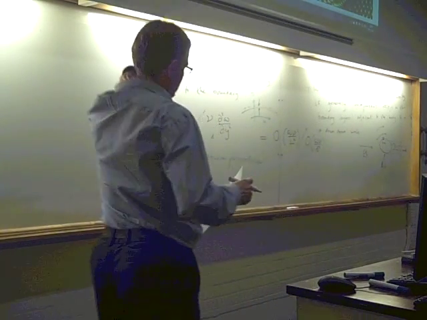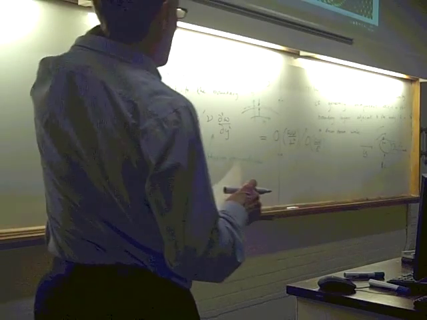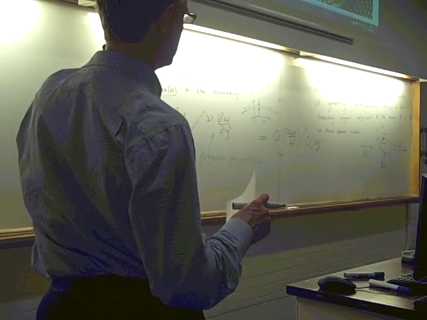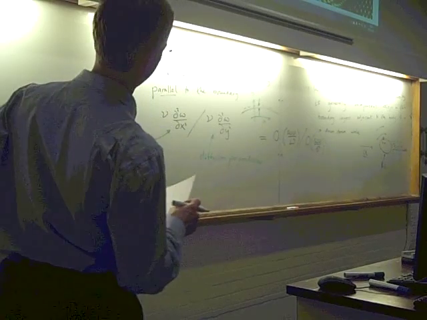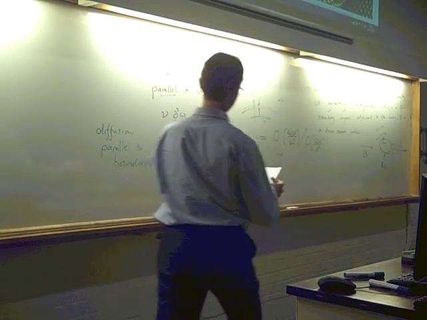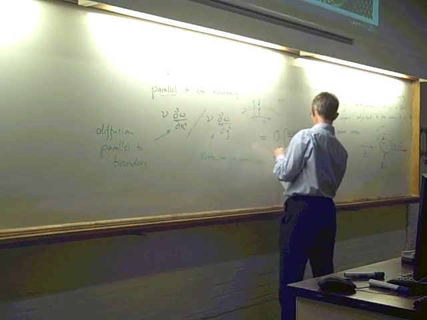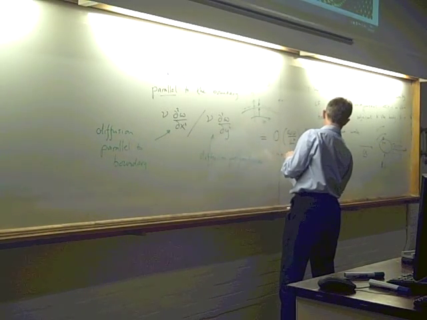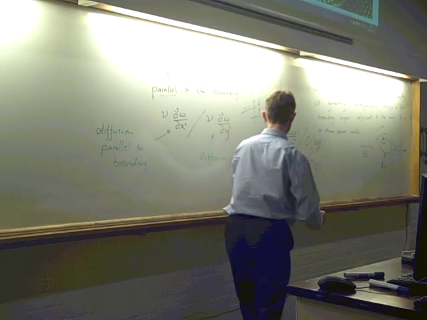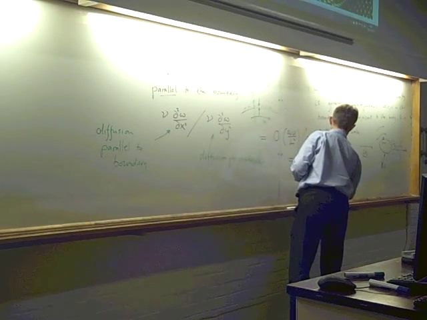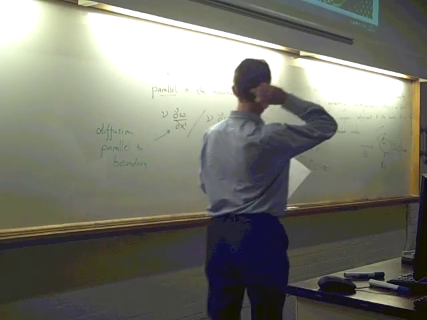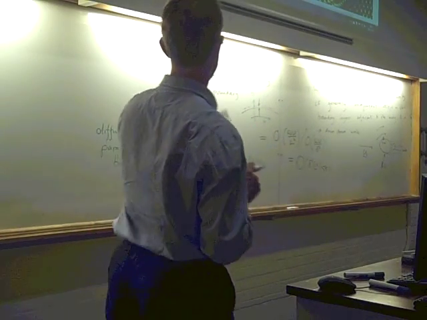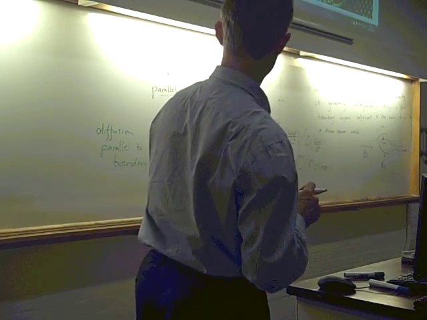So the scale of the body is capital L, and the scale of the thin layer is delta. This is equal to order of delta squared over L squared, which is small. Now I'll say some words in a second. We're just going to throw away the first term.